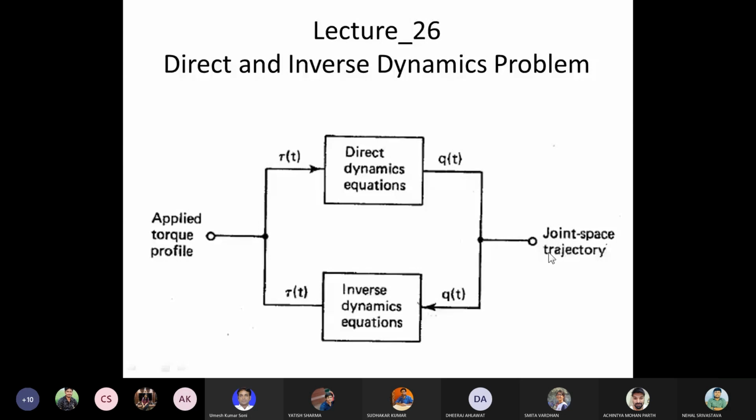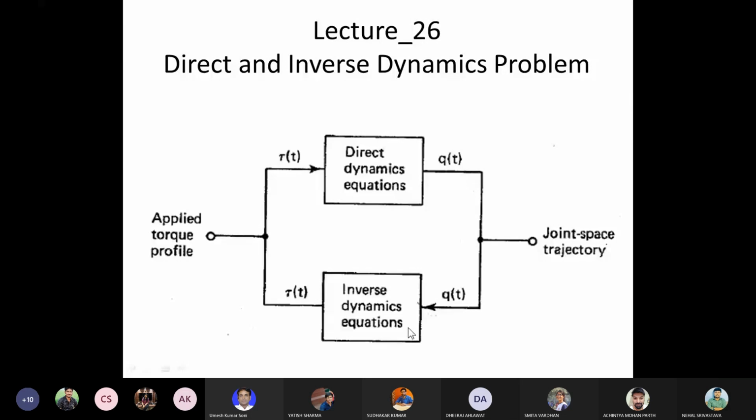Similarly, once you have specified the joint space trajectory for the required task, you take the derivative and double derivative of it, and then use that equation which we have earlier established, that is called the Euler-Lagrange equation. You put these derivative and second derivative values in this Euler-Lagrange equation, then you can determine the required torque in each joint for achieving the required joint space trajectory.